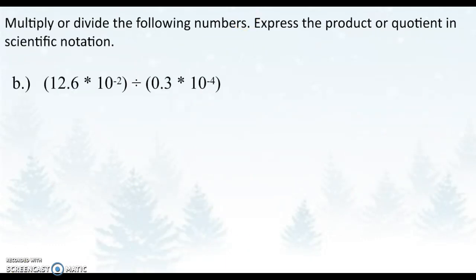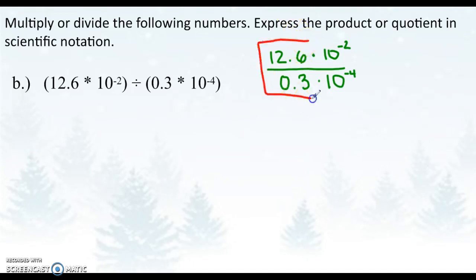Here's the next one. It happens to be a division problem, and I'm actually going to rewrite it as 12.6 times 10 to the negative 2. We've talked about negative exponents. Not afraid of that one. And 0.3 times 10 to the negative 4. So we're going to focus on this part and this part separately.